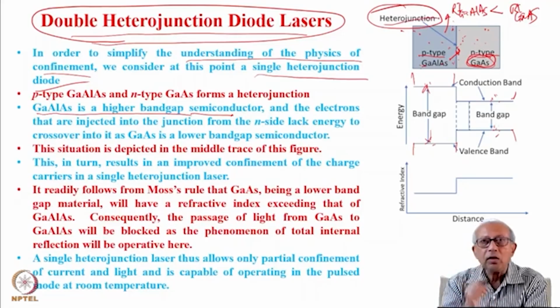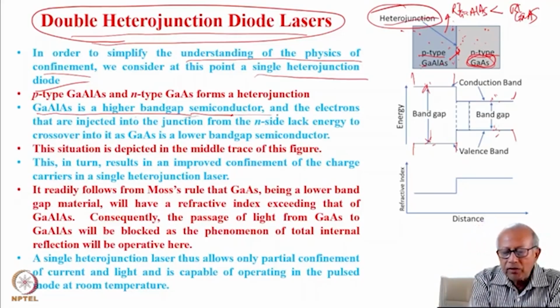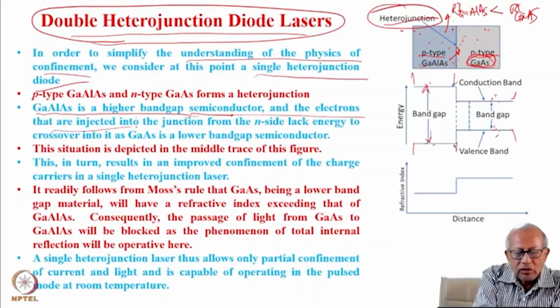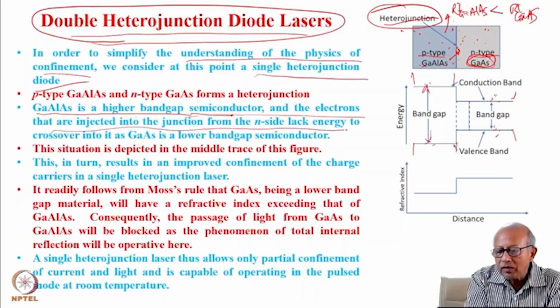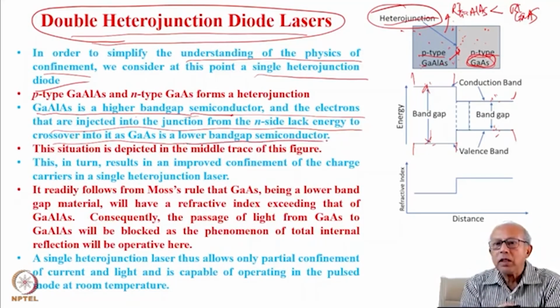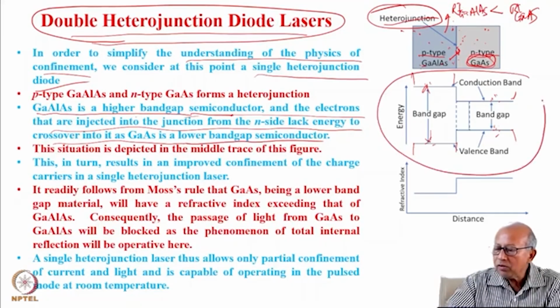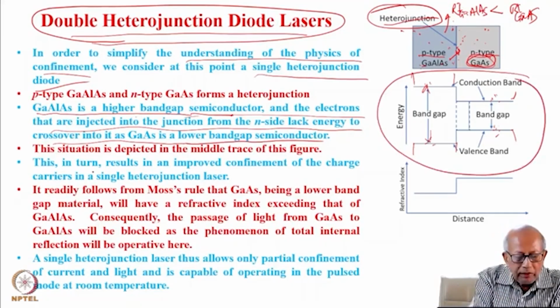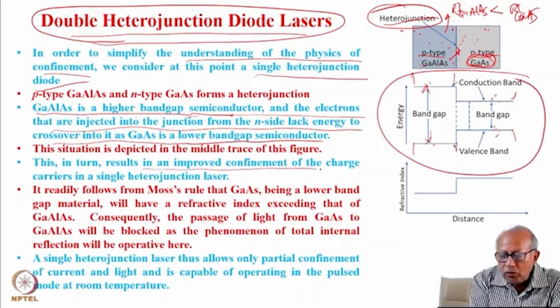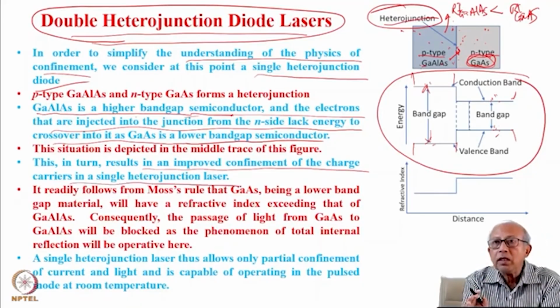So you see, gallium aluminum arsenide is the higher band gap semiconductor, and the electrons that are injected into the junction lack the energy to cross over into gallium arsenide, which has a lower band gap. This situation is depicted in the middle phase. This in turn results in an improved confinement of the charge carriers in a single heterojunction laser compared to a homojunction laser.